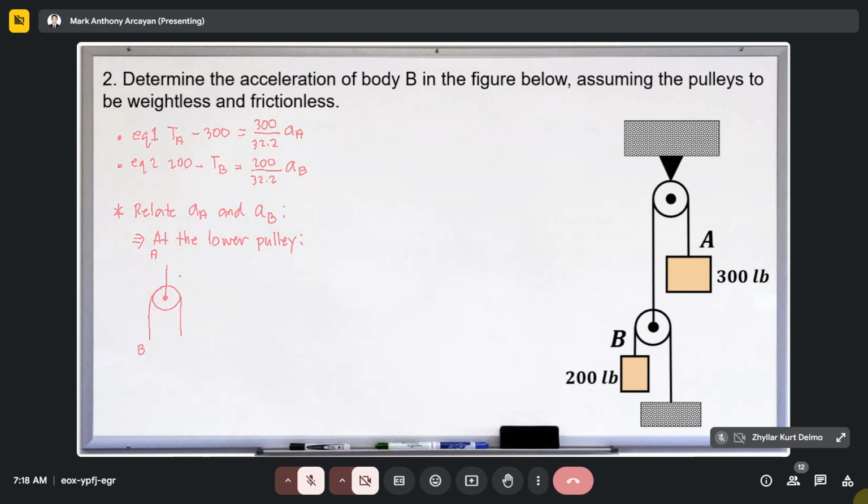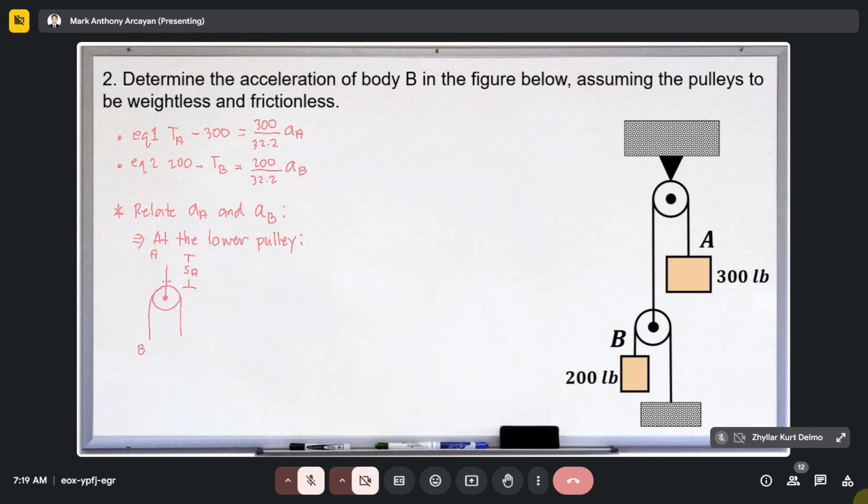Now, if this rope that connects block A will displace an amount, let's say S sub A, what will happen to the rope that connects B and is also anchored to the structure?